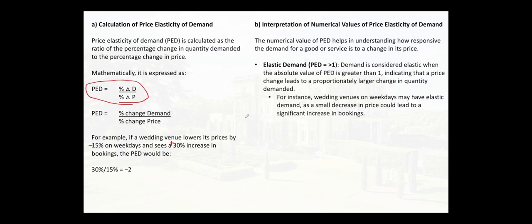Here's an example with our case study, which we'll come to in a second, to do with this number. Now actually, weekday weddings will have a different PED coefficient than weekend. If I was to put my prices up more at the weekend, well, people want to get married at the weekend. Maybe they're more tolerant to price increases.